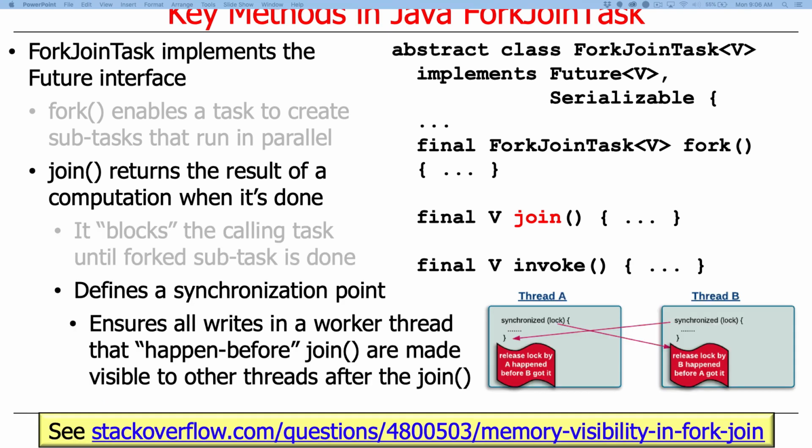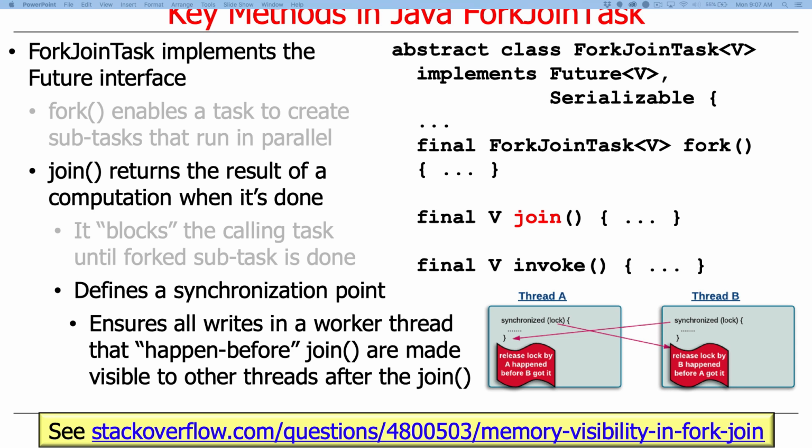Something else that join does is it defines a so-called synchronization point. And this has a very interesting property called happens-before. And we'll talk a lot more about happens-before in next semester's class. But basically, happens-before is used to make sure that once you join with something, the caches that are managed by the different cores on a multi-core processor are properly flushed, so all the threads will see a consistent view of memory.